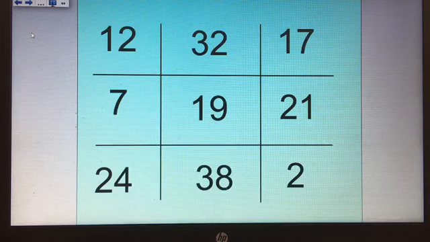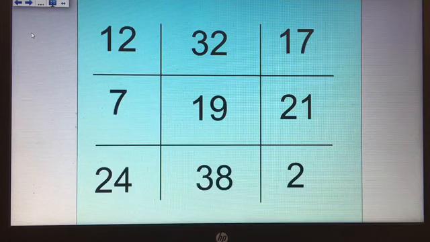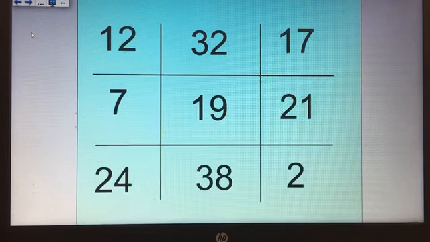Next question. 17 plus 3. Next question. 63 divided by 9. Next question. The amount of lines of symmetry in a square.